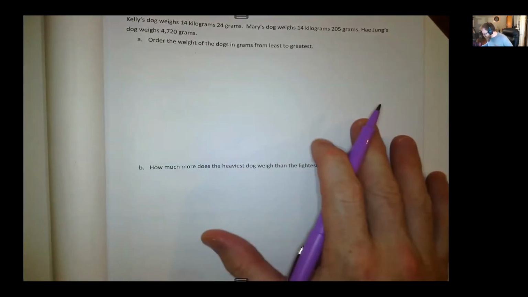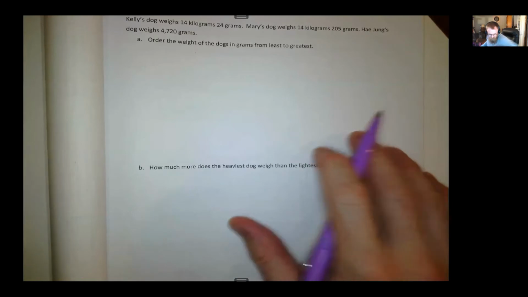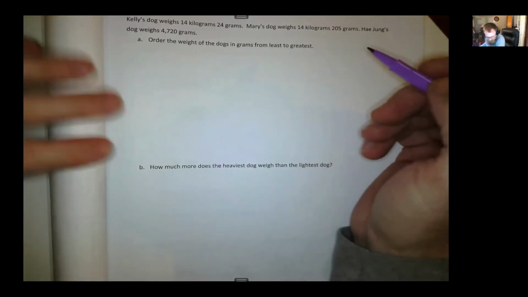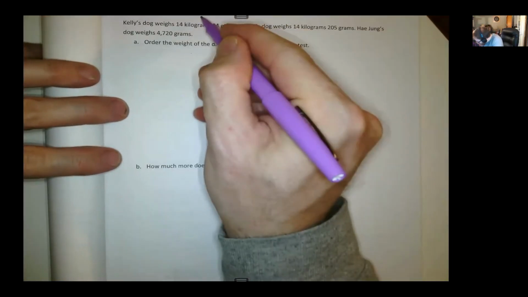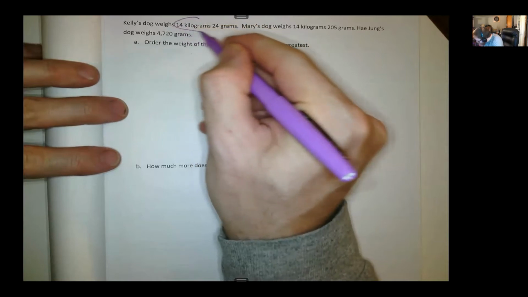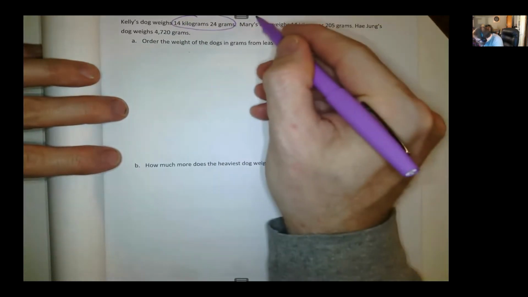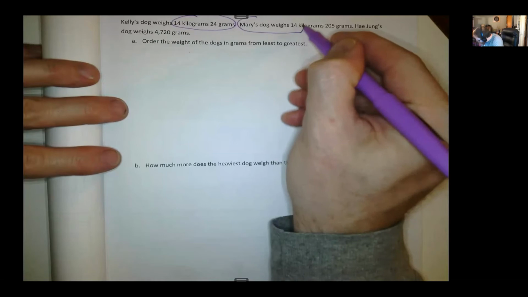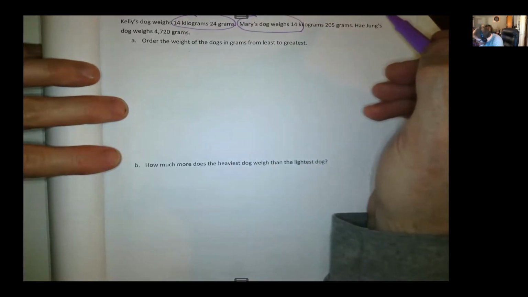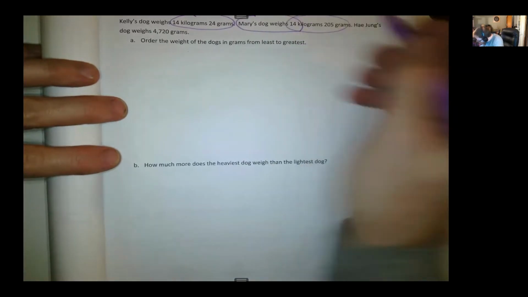Okay, so let's start with cubes. Let's unpack the problem. Start by circling important numbers. Okay, we have Kelly's dog, Mary's dog, and Hei-jung's dog.